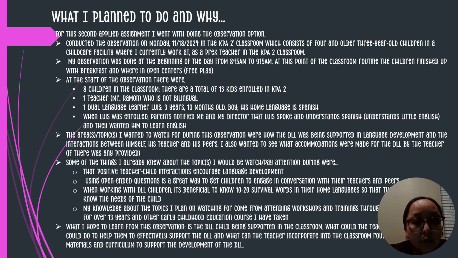Some of the things I already knew about the topics were that positive teacher child interactions encourage language development. Using open ended questions is a great way to get children to engage in conversation with their teacher and peers. When working with dual language children, it is beneficial to know 10 to 20 survival words in their home languages so that the teacher is able to know the needs of the child.